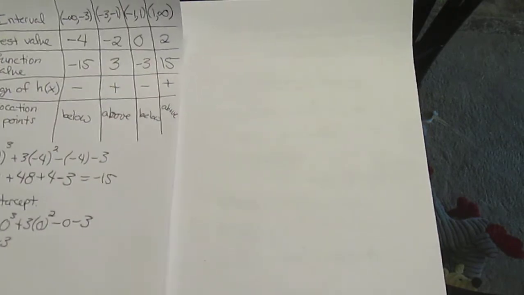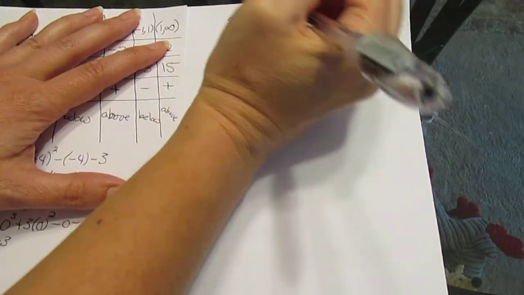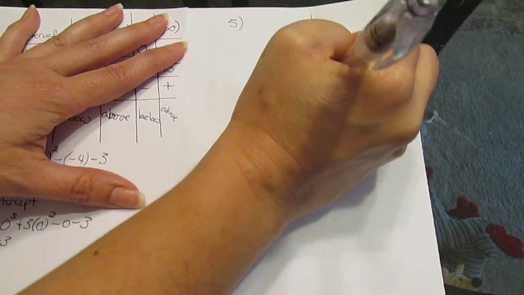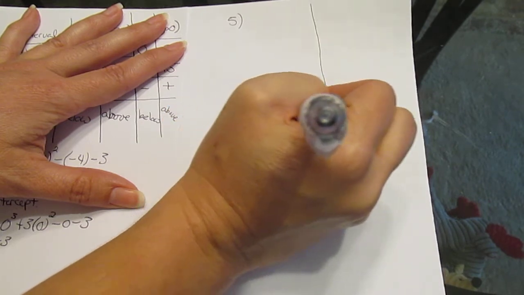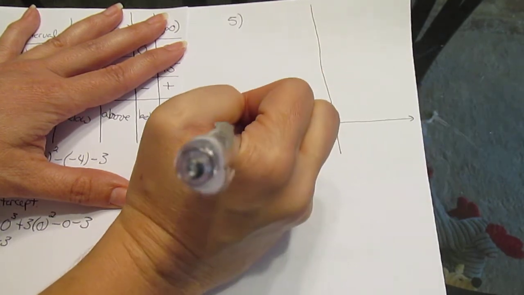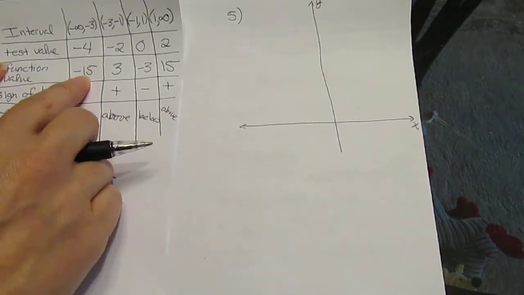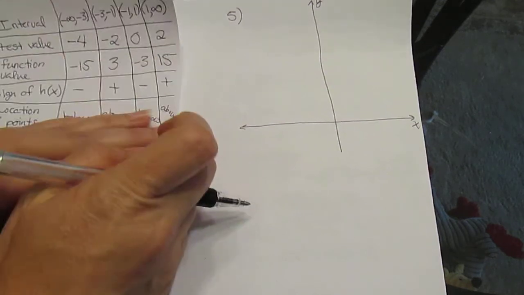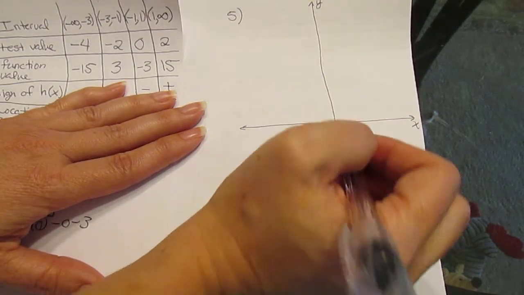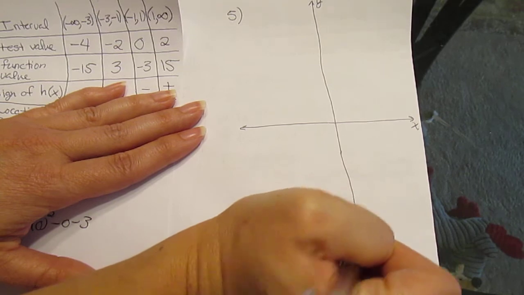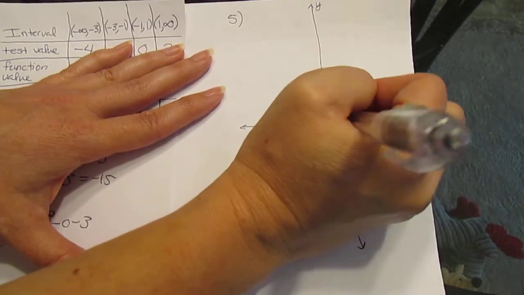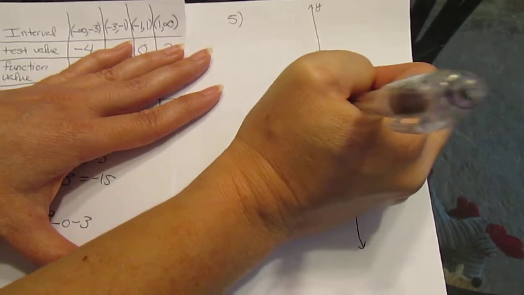I'm just going to move this over a little bit so we can still see it, but I'm ready to graph. And I made it extra long because I see that I've got 15 on here and could have extended it down too. I'm going to go ahead and just draw the dashes.